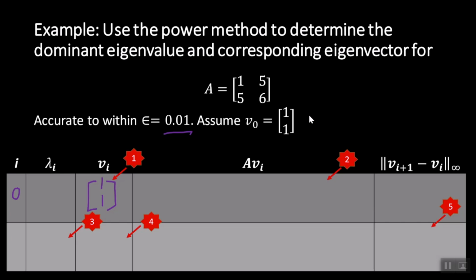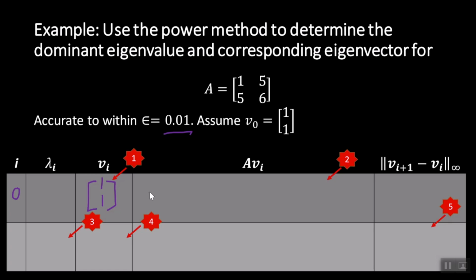You may select V0 as 1, 0.5 or 0, 1. Just make sure that the largest magnitude of each entry in the vector is equal to 1.